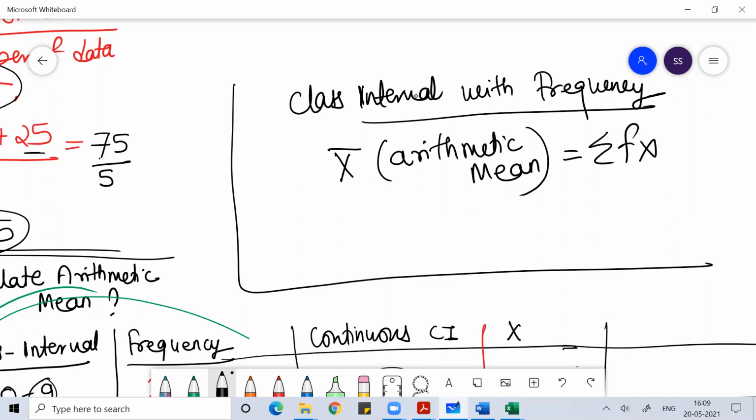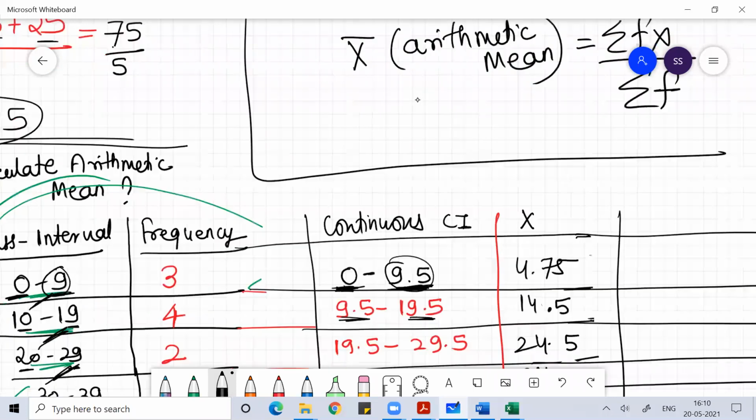The formula of arithmetic mean is sum of fx by sum of f. What is f? F is the frequency. What is x? X is the class mark. So whenever you are given data of class intervals with frequency, you use the formula sum of fx by sum of f.